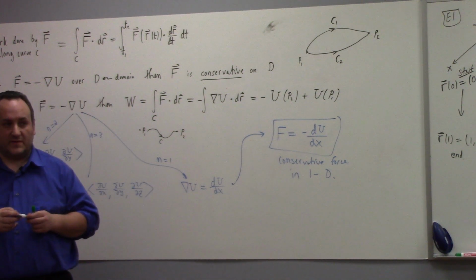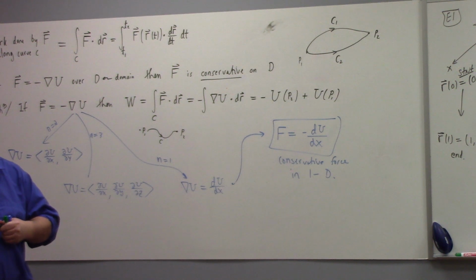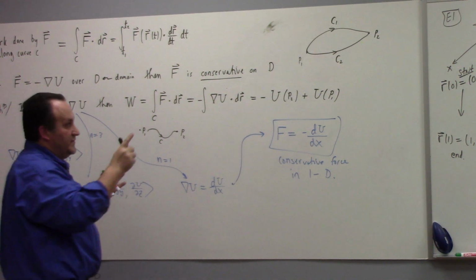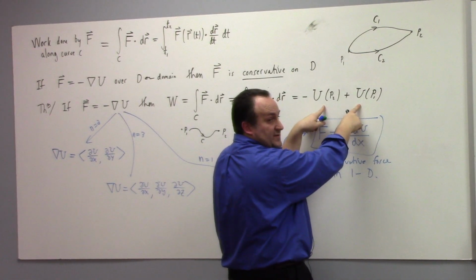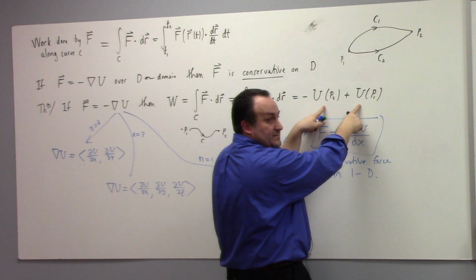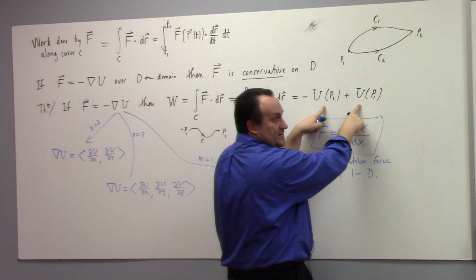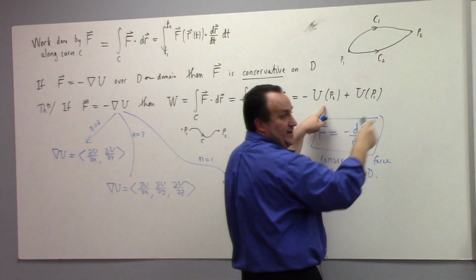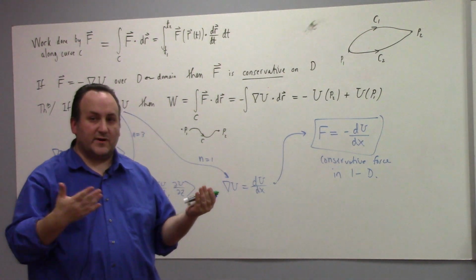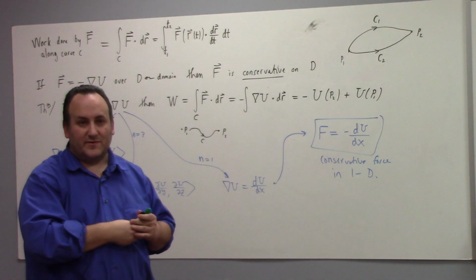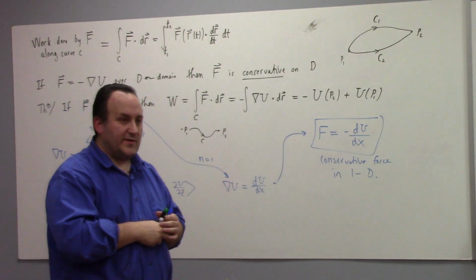If the force is conservative, what's the value of the work done? It doesn't matter if you use curve 1 or curve 2, because the work done just depends on the difference in the potential energy function before and after. So what that means is the force that we looked at in example 1 is not a conservative force. It cannot be, because we calculated the work done over two different paths and we found different answers, again with the same starting and ending points.